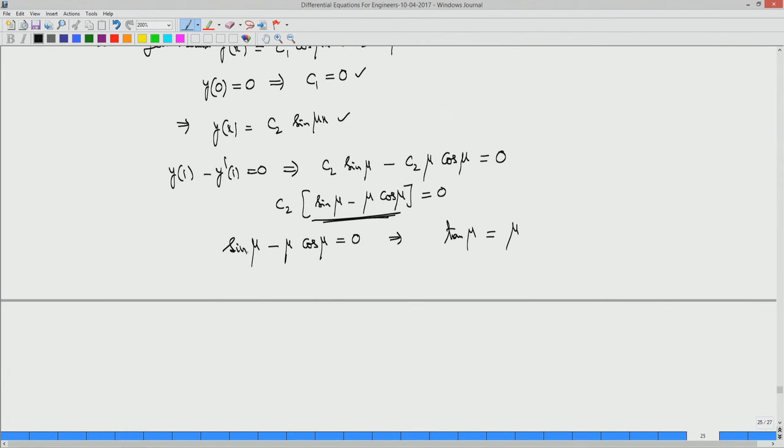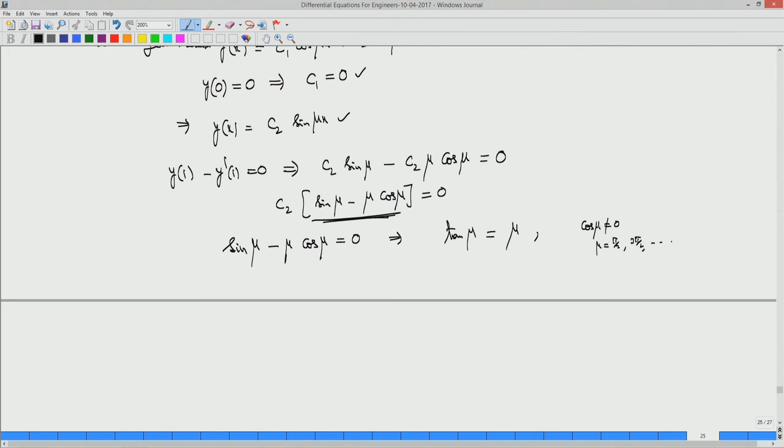Sin mu divided by cos mu means cos mu should not be 0. Cos mu equal to 0 happens at pi by 2, 3 pi by 2 and so on. At these values we know this quantity is not 0, so cos mu being 0 does not matter when you divide.